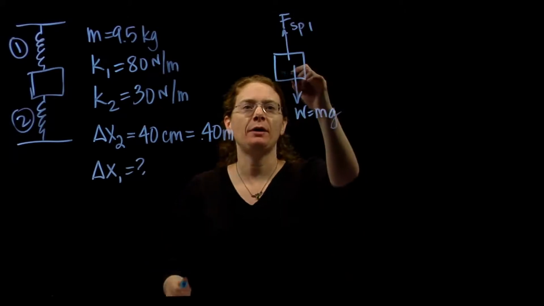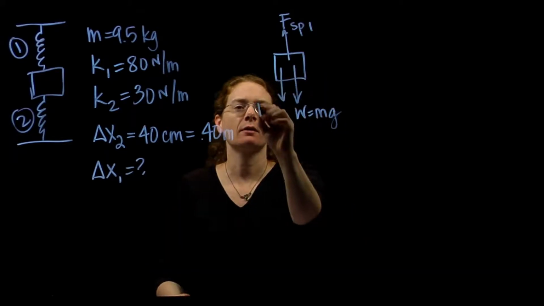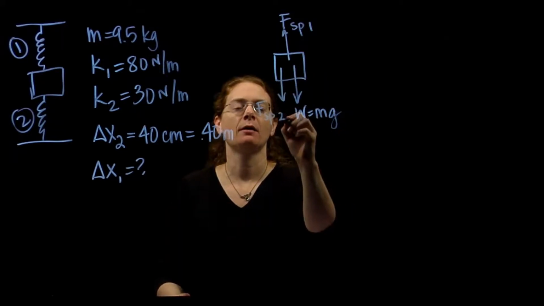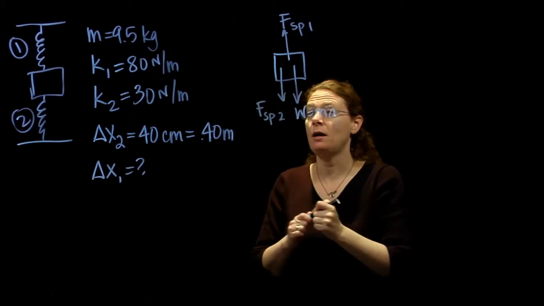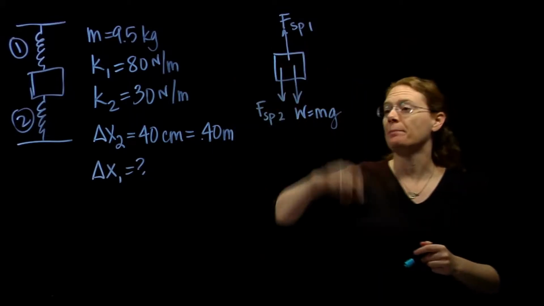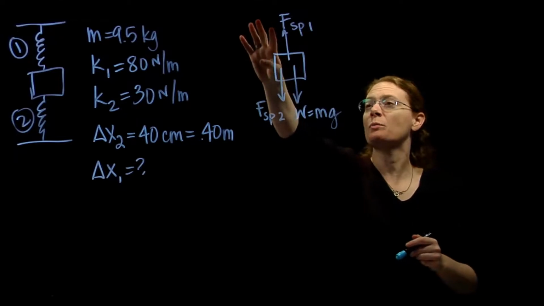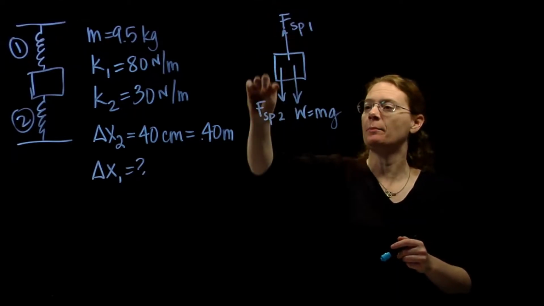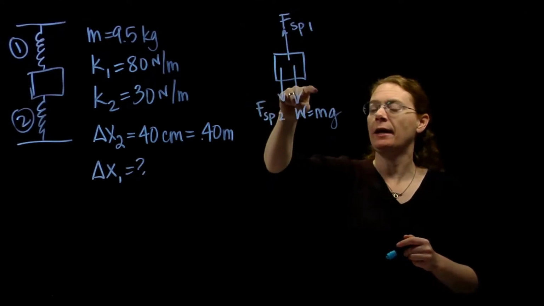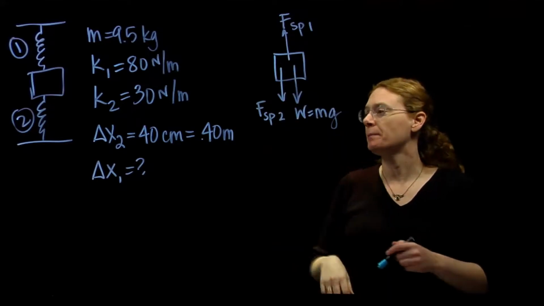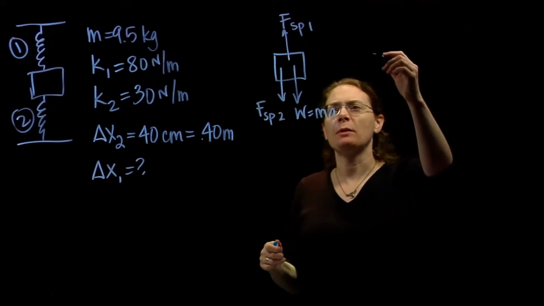So I'm going to put a second downward force from the second spring, and that is all I've got for my force diagram. We've got the top spring pulling up on it, the bottom spring pulling down on it, and the earth pulling down on it. There we go. This is going to be pretty easy.